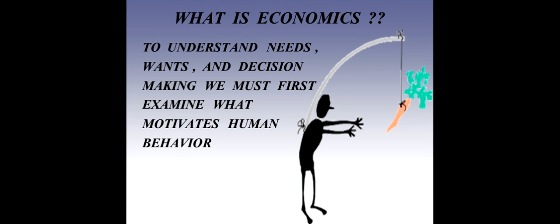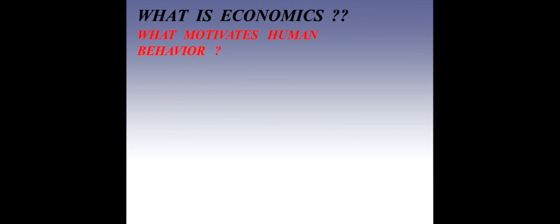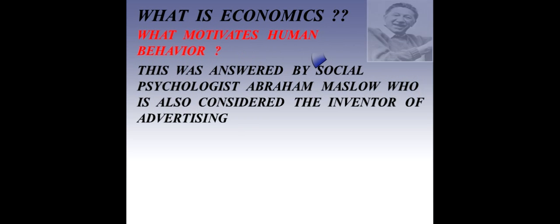To begin to understand needs and wants and decision-making, we must first examine very closely what motivates human behavior. The question of what motivates human behavior was answered for us by a social psychologist in the early 1900s by the name of Abraham Maslow.